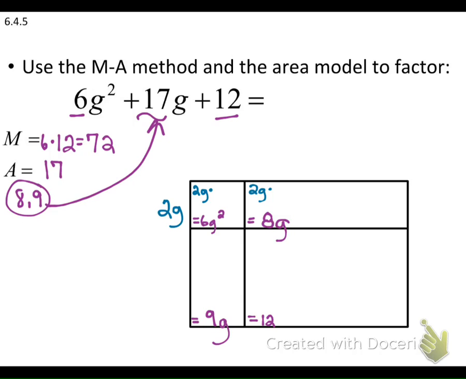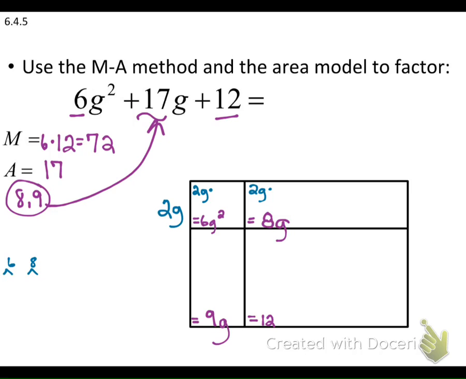Remember, you can come over to the left, do your factor trees, and you'll find that the greatest common factor is 2. Okay, I know my height. I know my total area. So now I'm ready to find the width of my top row.